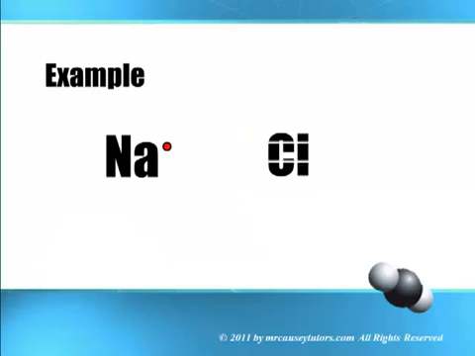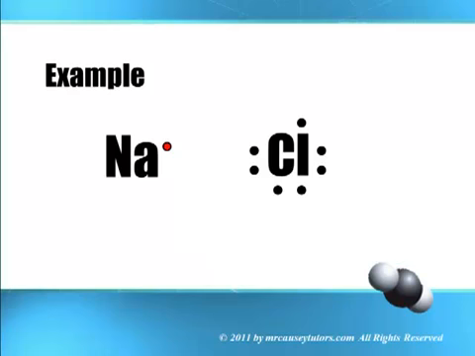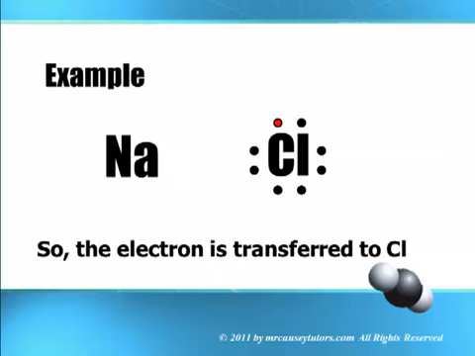Example: there's sodium and chlorine, and you'll notice here that sodium wants to lose and chlorine wants to gain. That's perfect. So sodium is going to give up its electron, and the electron is transferred to chlorine, and when that happens we create two ions.